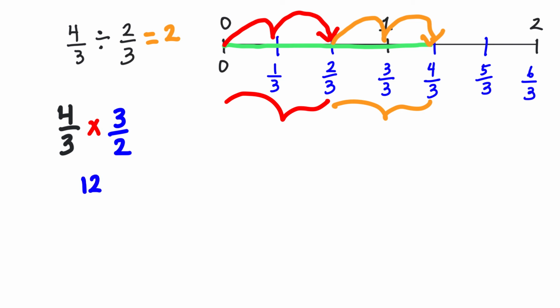That would be 12. And then we just do 3 times 2. That would be 6. And then we say we only need 6 to make a whole, and we have 12, or 12 divided by 6. The answer is 2, which is the same answer we got on the top.